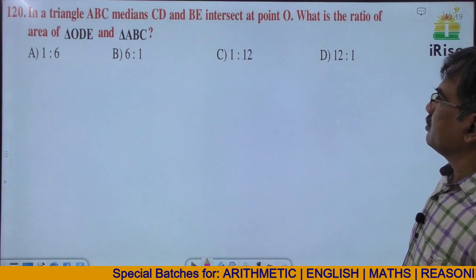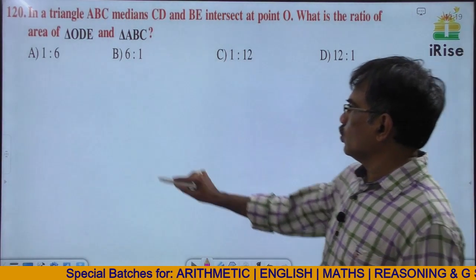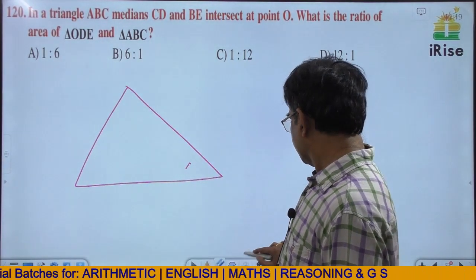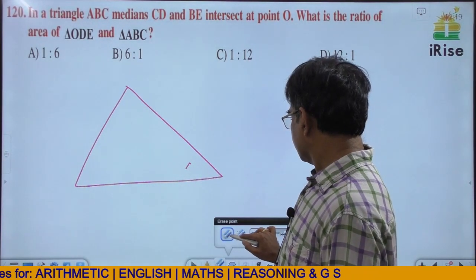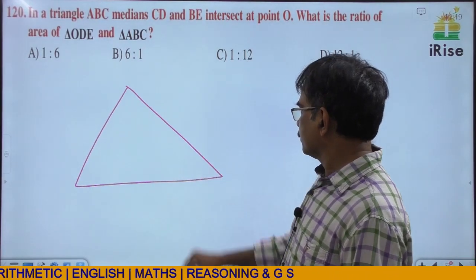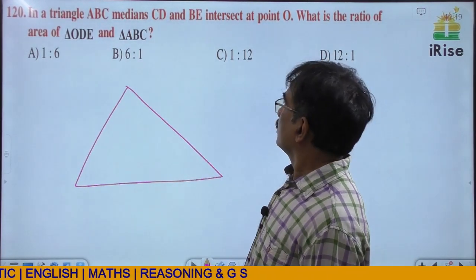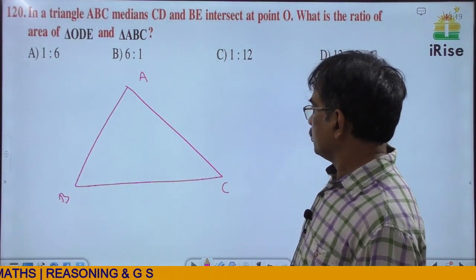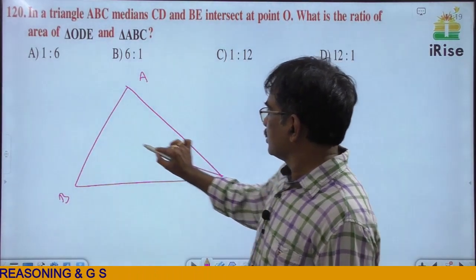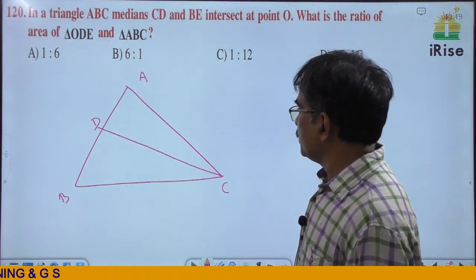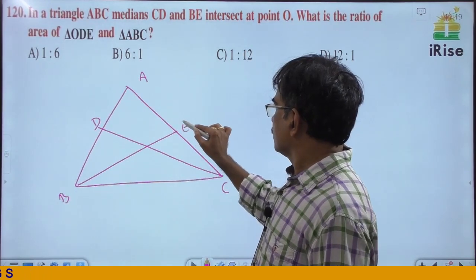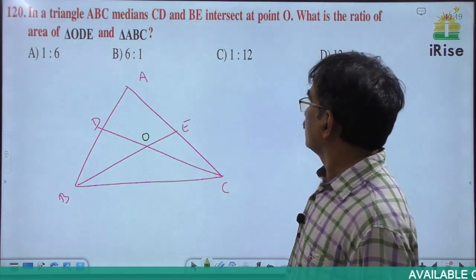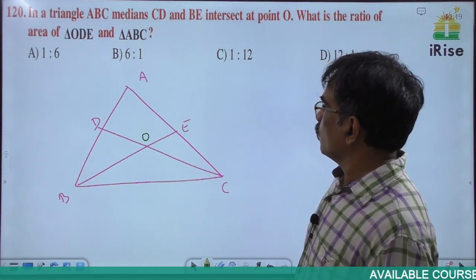In a triangle ABC, medians CD, BE intersect at O. This is a triangle A, B, C. Median CD, this is one median, BE, they intersect at O, this is O. What is the ratio of ODE?